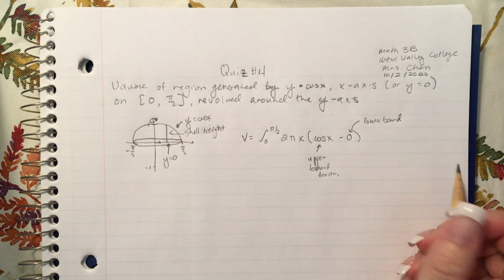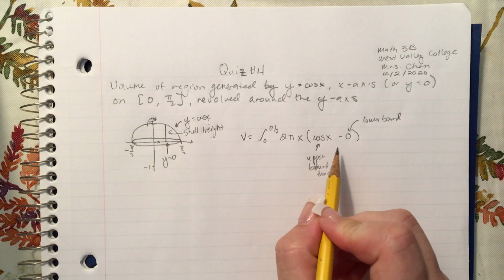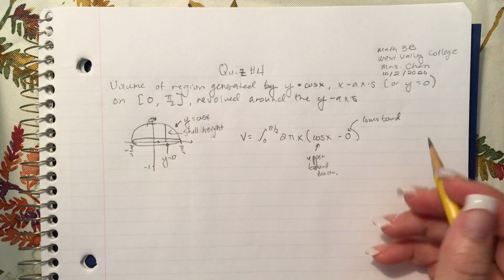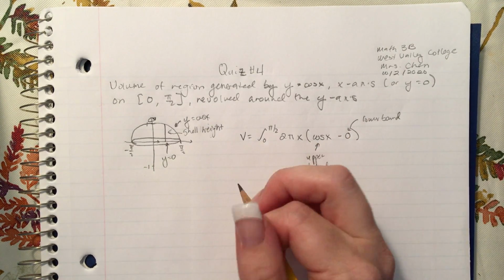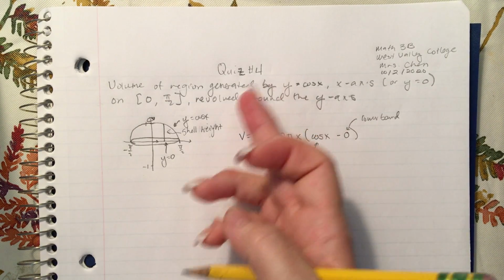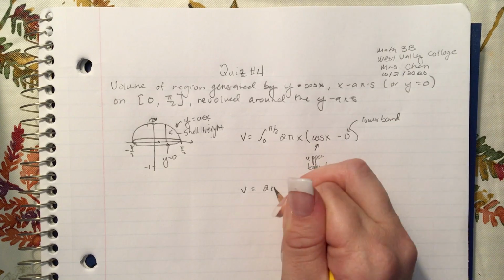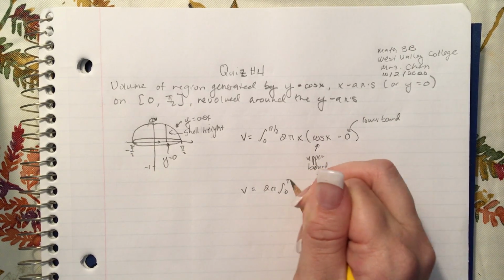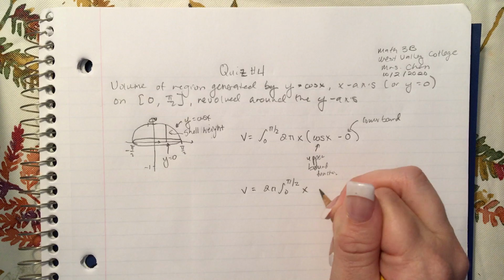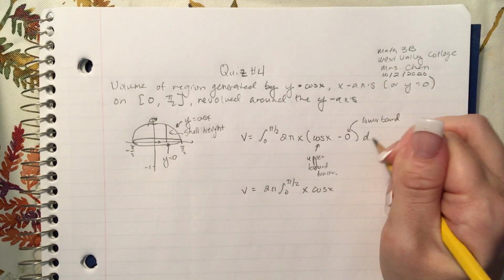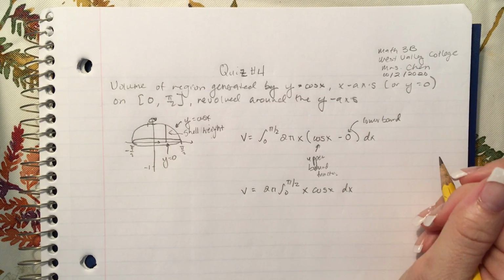Okay, and this is a relatively easy function to solve with integration by parts. So I'm going to rewrite it now with the 2 pi on the outside. So volume equals 2 pi integral from 0 to pi over 2 of x cosine x dx.